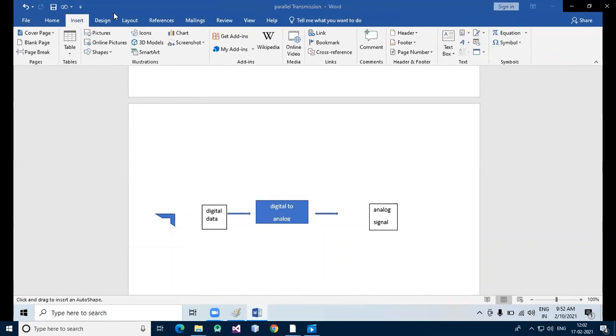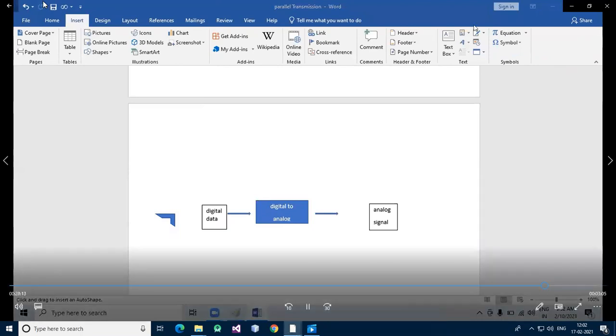Digital is a non-continuous form. The two most important aspects related to digital to analog conversion are data element versus signal element, and data rate versus signal rate. We may define a data element as the smallest piece of information that can be exchanged, which as we know is the bit.